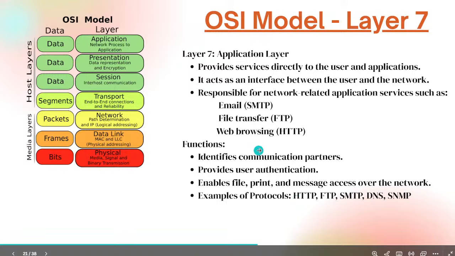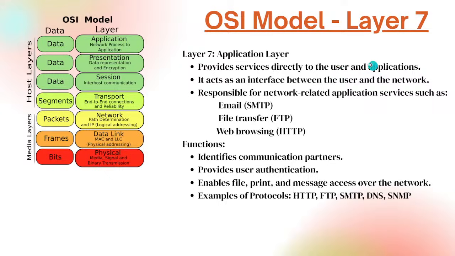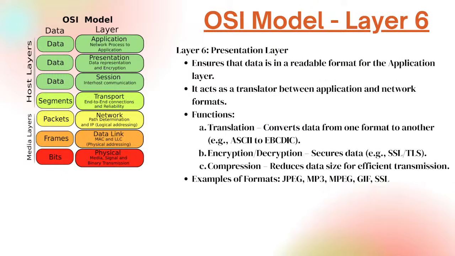Okay, so the application layer works directly with the user and the application, and these are the important points for the application layer. Next is the presentation layer. The presentation layer ensures that the data is in a readable format. Whatever information is passed from the application layer to the presentation layer should be in a readable format, and it also acts as a translator between the application layer and the session layer, right?